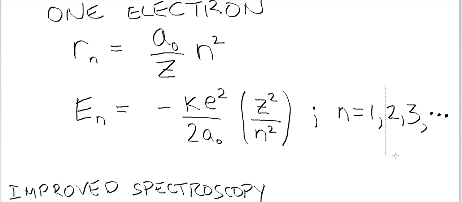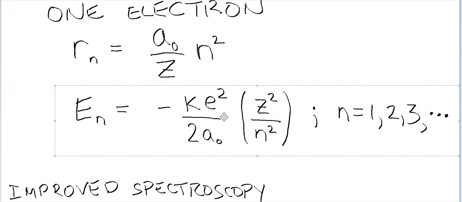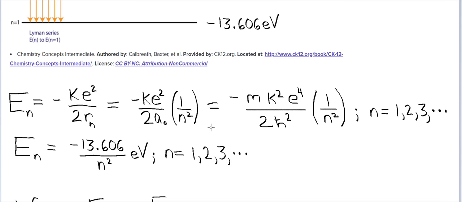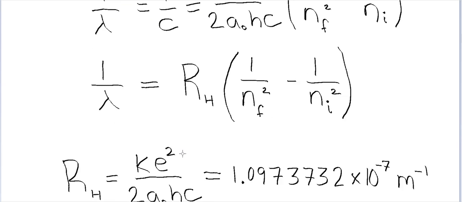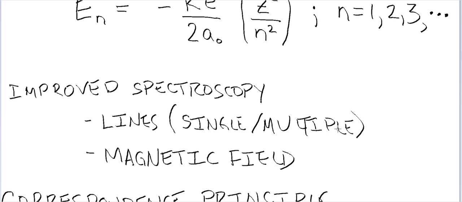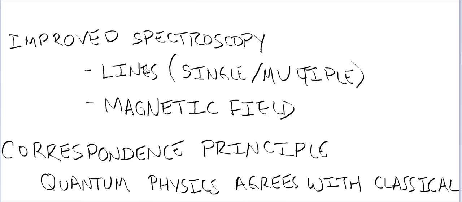It also takes the energy levels that we had previously and multiplies by z squared, where again z is the number of protons in the nucleus. So it's a decent first pass model, but it fails in many respects.